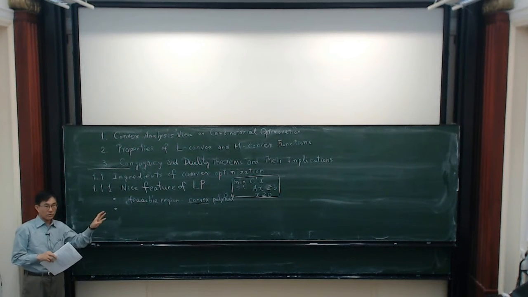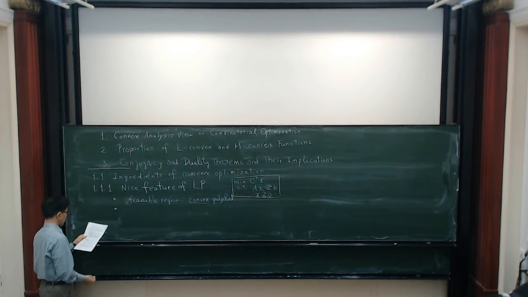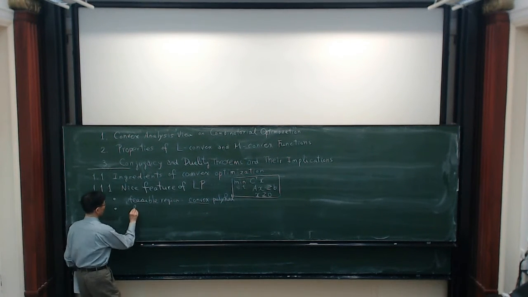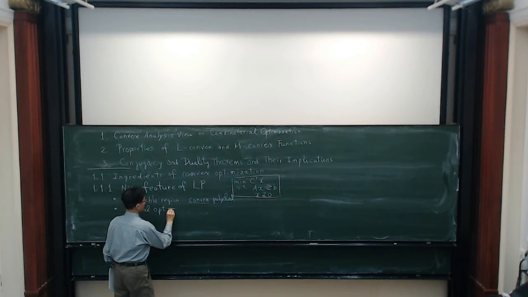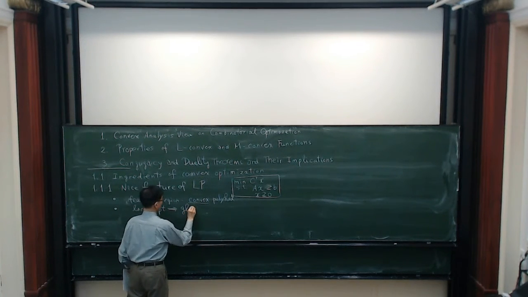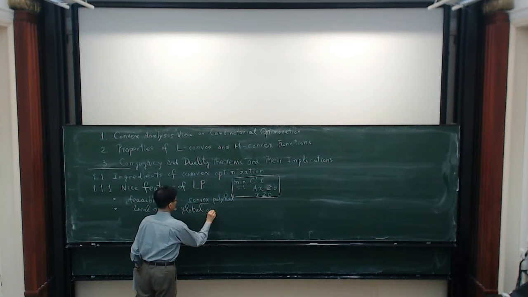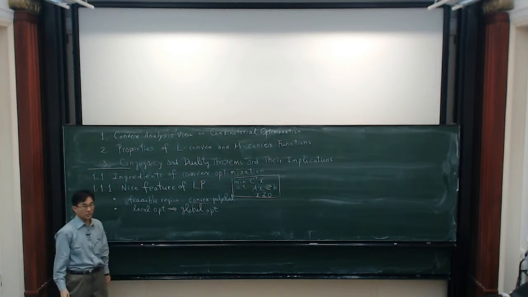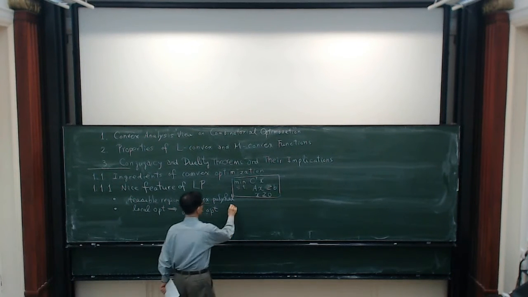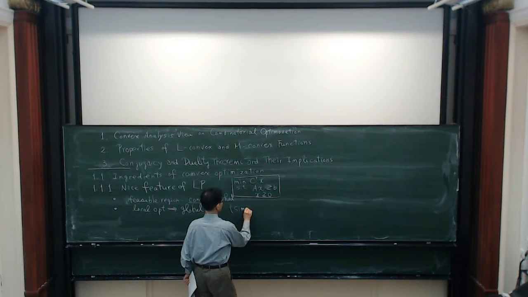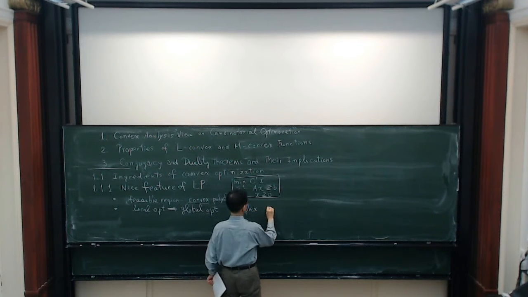So this is a local condition, but it still tells you that this is globally optimal. So here is a very nice phenomenon that local optimality implies global optimality. This is the important feature of convex programming.